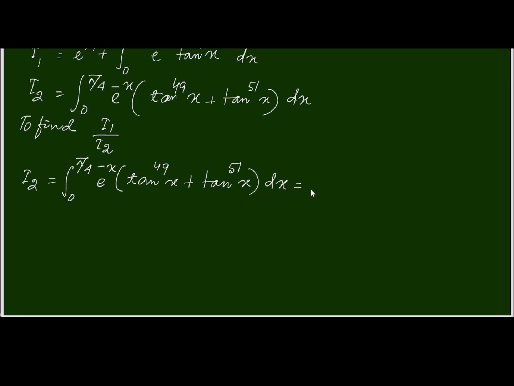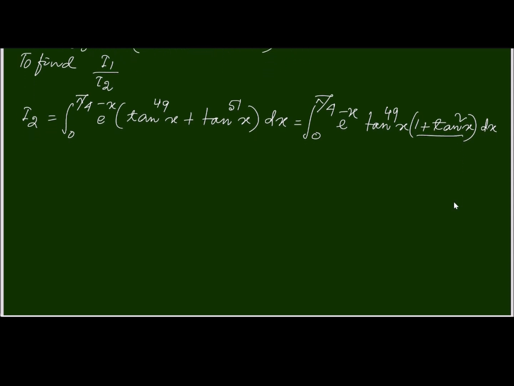I'll take tan to the power 49x common from this bracket, so that I'll get 1 plus tan squared, which will become sec square x. So I2 equals the integral from 0 to pi by 4 of e to the power minus x tan to the power 49x into sec square x.